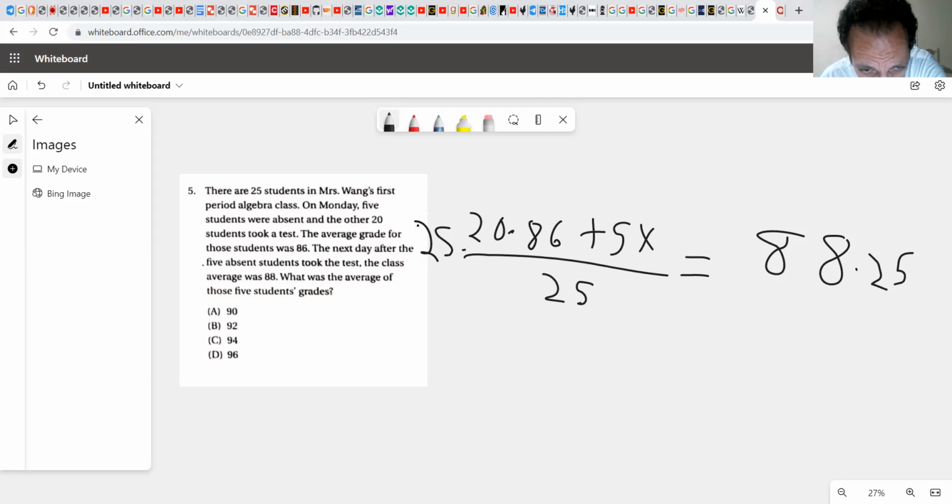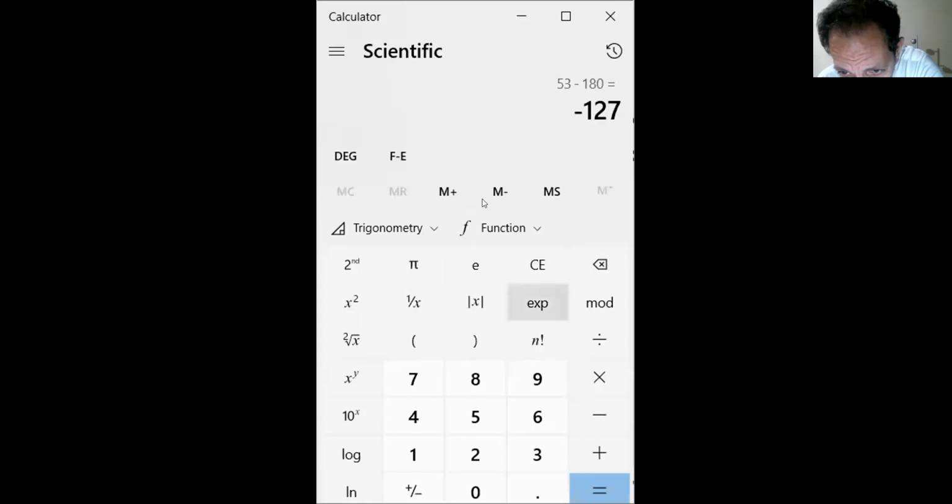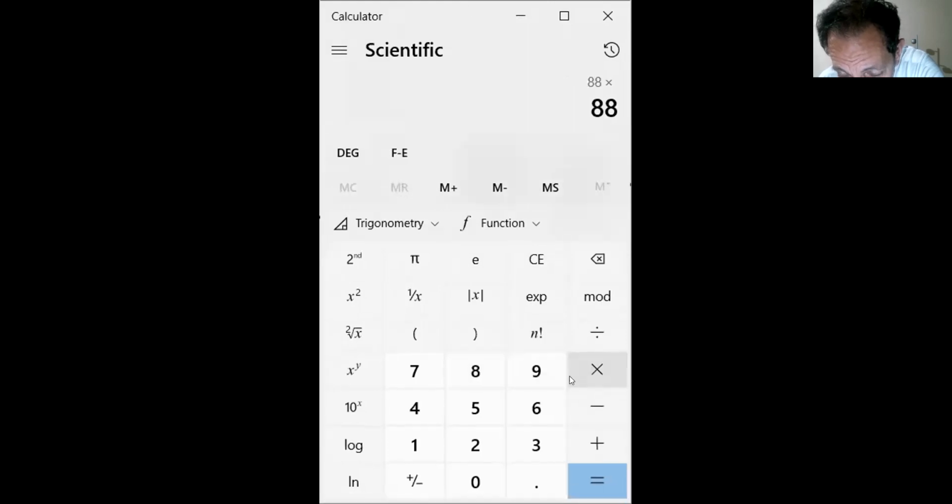This cancels out on one side. Let's take a look at the calculator to see what 88 times 25 is.